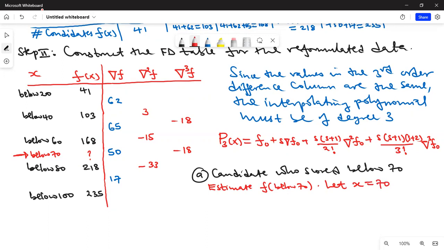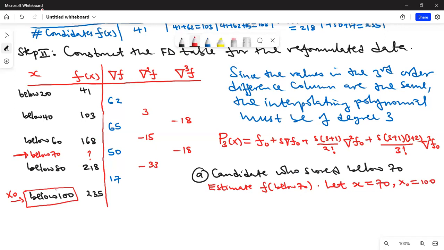Now, because of backward, our x naught will be a value that is just below 70 there. You see 70, there's 80, there's 100. A value greater than 70 in that table. Let's use 100 as our x naught. So our x naught will be 100.